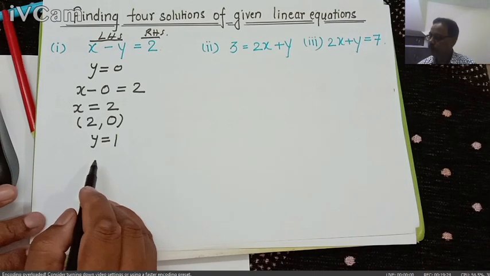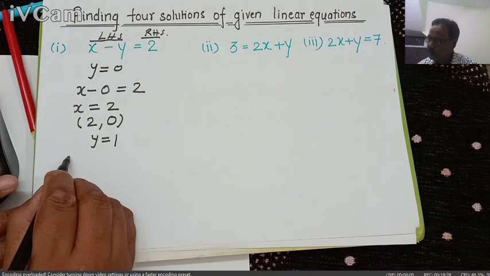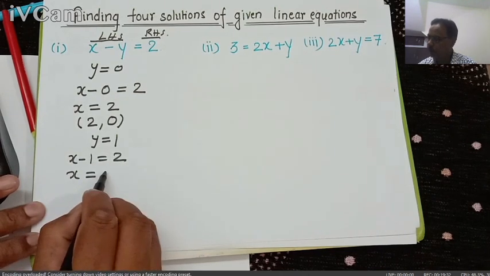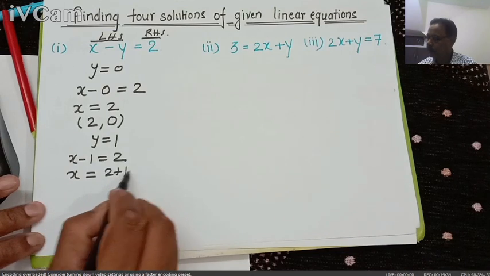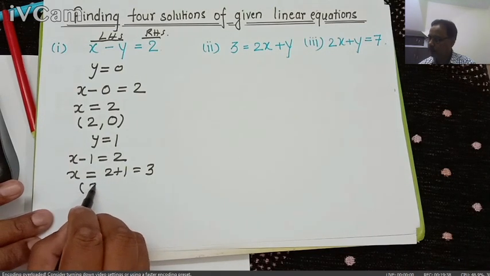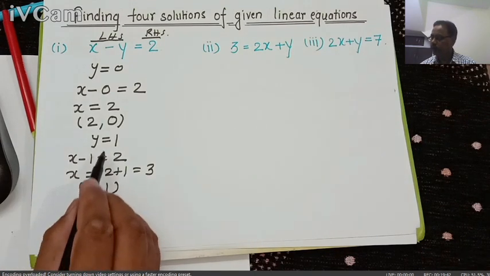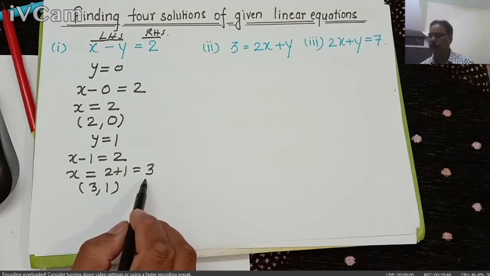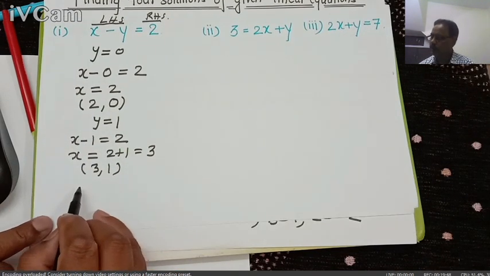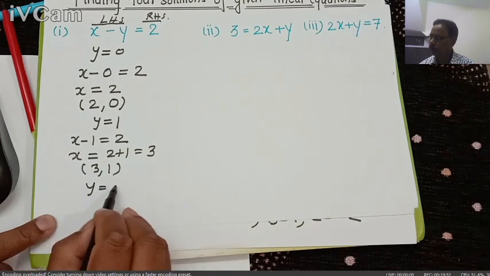Understand? So we are putting here y equal to 1. y equal to 1, so x minus 1 equal to 2. So x will be equal to 2 plus 1, that is equal to 3. So the next solution we have got is 3, 1. For y equal to 1 we have got x equal to 3. Now the next solution we can find out. Let us put y equal to minus 2.